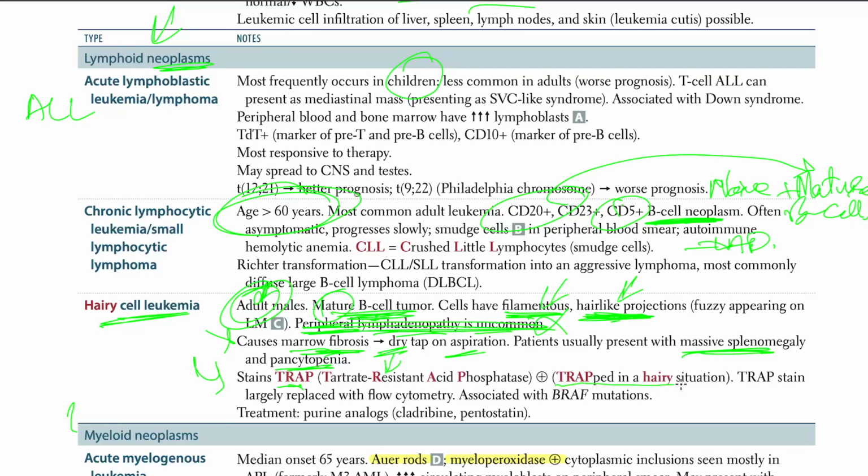Remember, they're trapped in a hairy situation. That's a good mnemonic. The TRAP stain is largely replaced with flow cytometry now. It's associated with BRAF mutation. Treatment is purine analogs like cladribine and pentostatin.